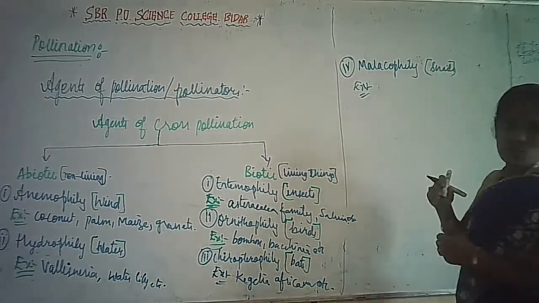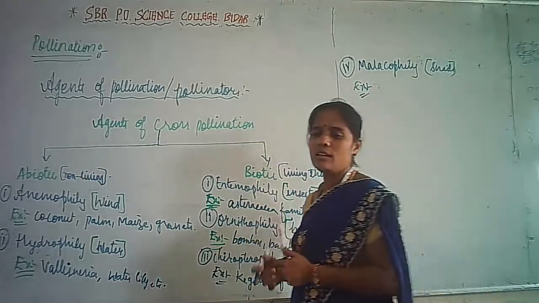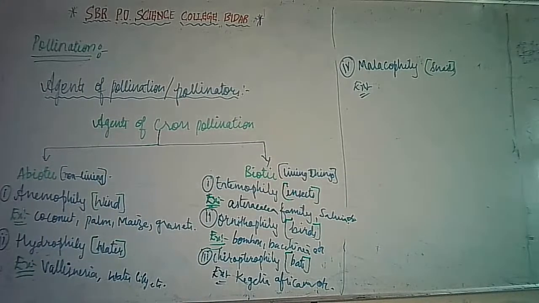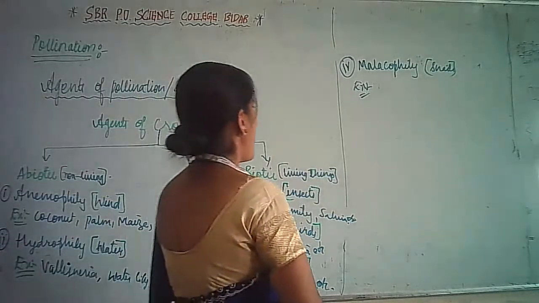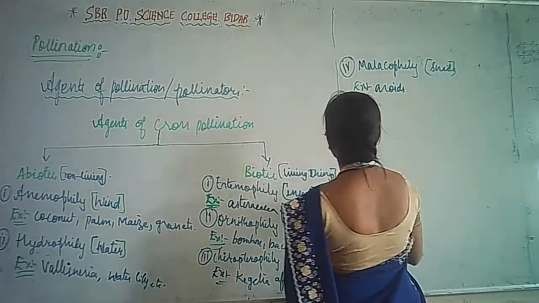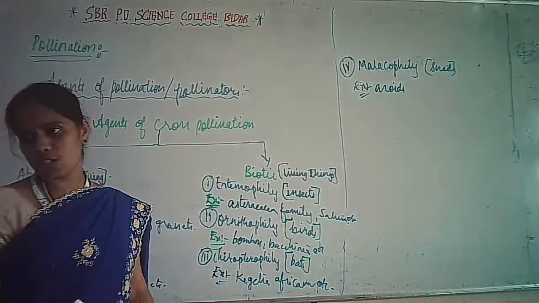Do you know snails? Soft-bodied animals. An example for this is the plants called aroids. There are so many snails and slugs which are the pollinating agents.